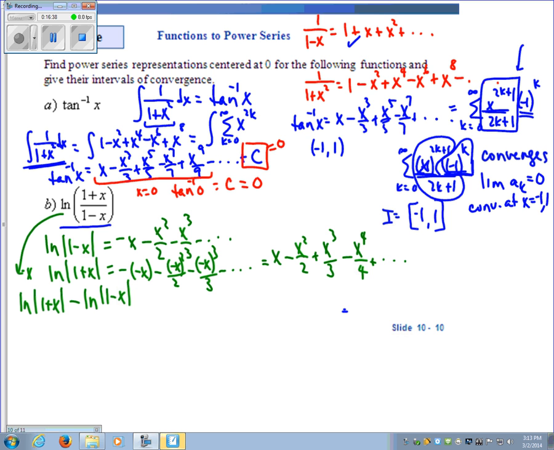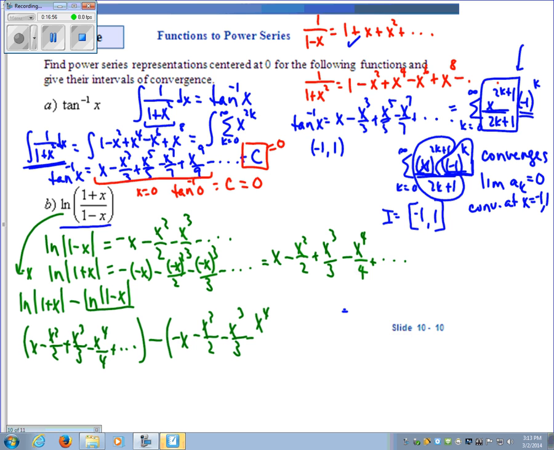Taking this difference then, I'm going to have x minus x squared over 2 plus x cubed over 3 minus x to the fourth over 4, and then subtract off the original one, which is negative x minus x squared over 2 minus x cubed over 3 minus x to the fourth over 4.